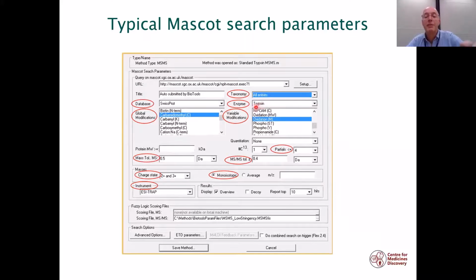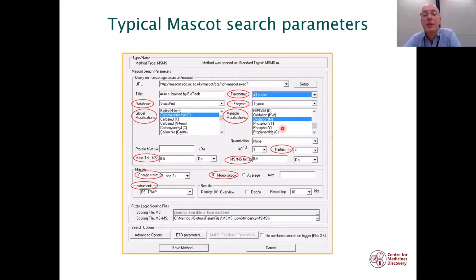You need to be very careful with modifications. You can select many modifications, but the more you select, the longer the database search will take. But more worrying than that, the more modifications you select, the greater the chance of a random match, so the greater the chance of a false positive.